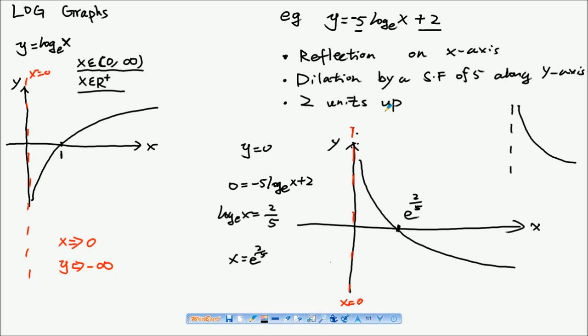And that's the graph y equals minus 5 log base e x plus 2, and the domain is x belongs to all the positive real values, R plus.